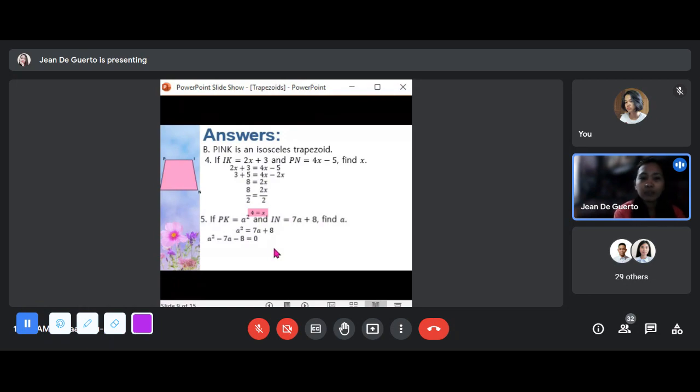In the quadratic equation, A squared minus 7A minus 8 is equal to 0. So pwede kahit alin doon sa 4 na methods of solving quadratic equation. Mas mabilis siya pag gagamitin niyo yung X method o kaya yung factoring method.